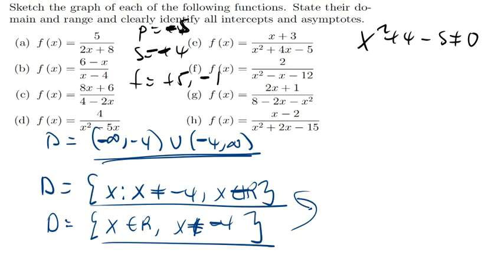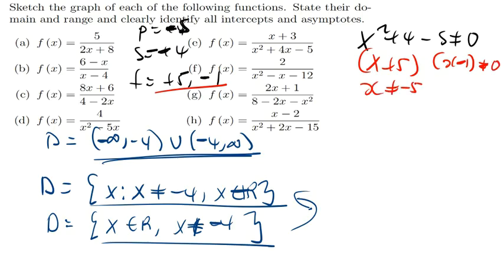When you reach this point, you know that the coefficient of x squared is positive 1. These are your answers: x plus 5 and x minus 1 not equal to 0. Therefore, x should never be equal to negative 5 and x should never be equal to 1.